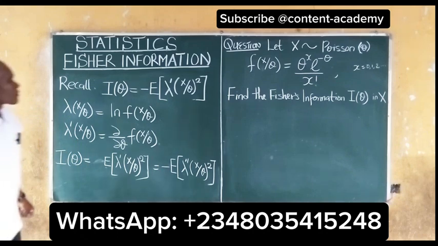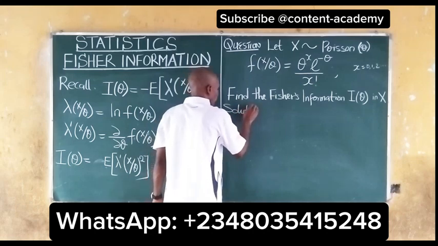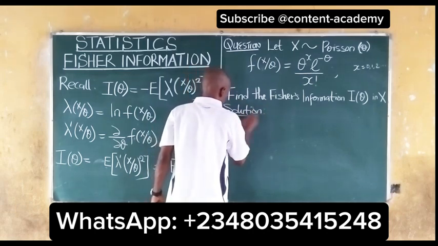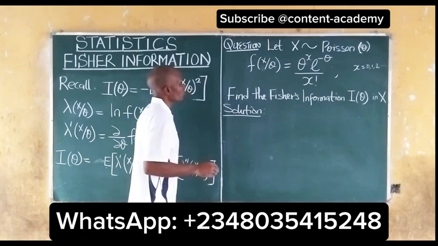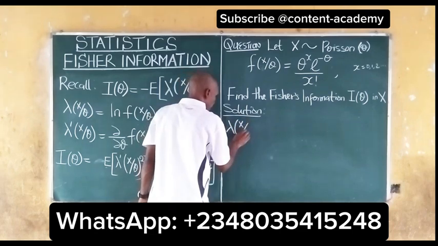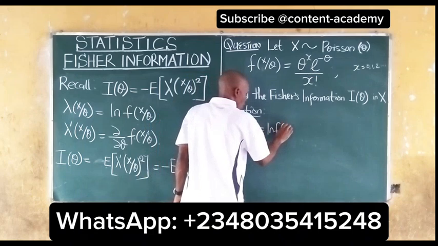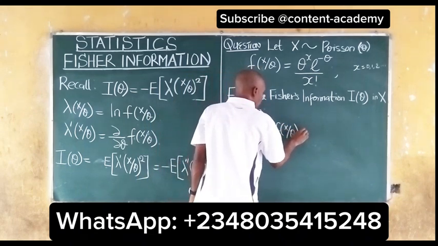All right. The first thing to do, solution. The first thing we'll do is to take the mean function, which, like we said, is the log of our given function.